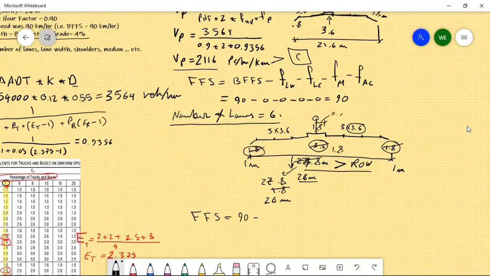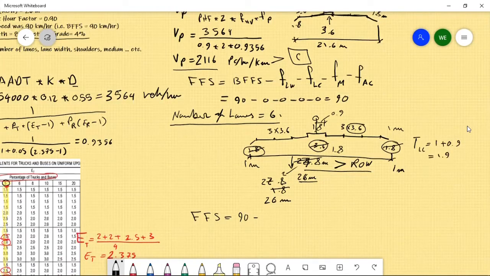So we have here 0.9 and we have here 1 meter. So the total lateral clearance equals 1 plus 0.9, so it's 1.9.